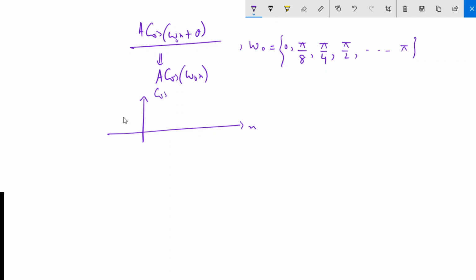So for cos of omega naught n with omega naught equal to 0, you are getting a signal like this. At each instant of n, this is equal to a.